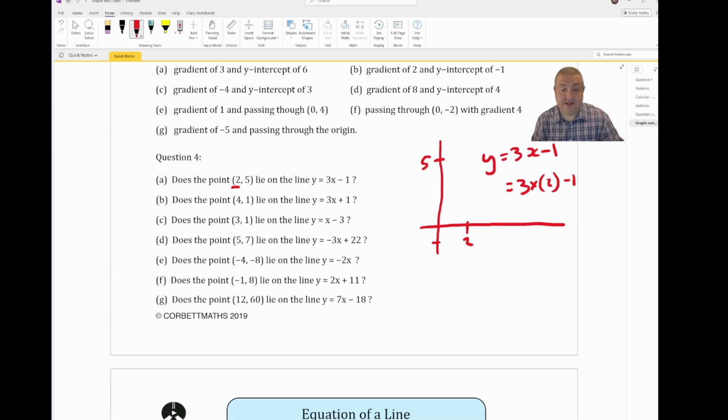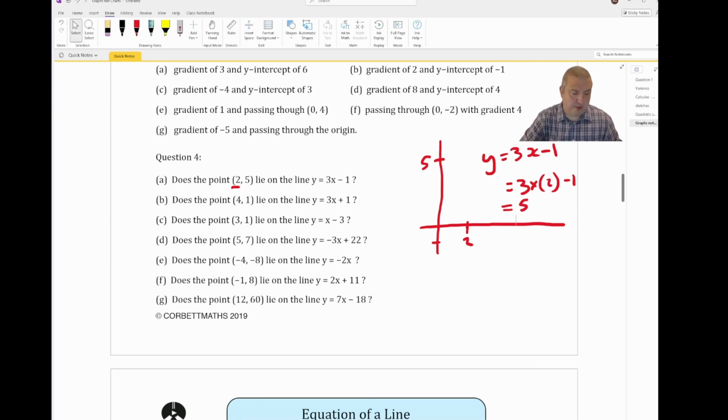Well, 3 times 2 is 6, and 6 minus 1 is 5. So at 2, it is actually on that line because it is 5. So that is true. It is on there.